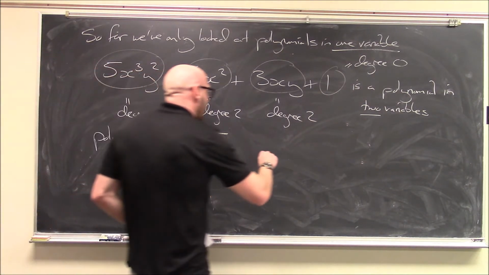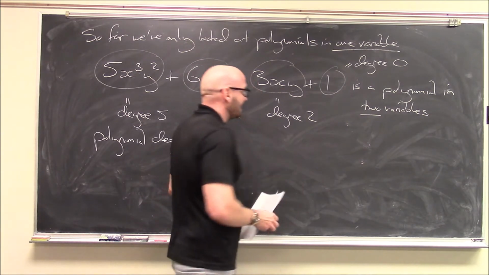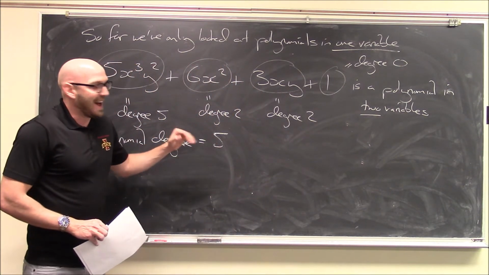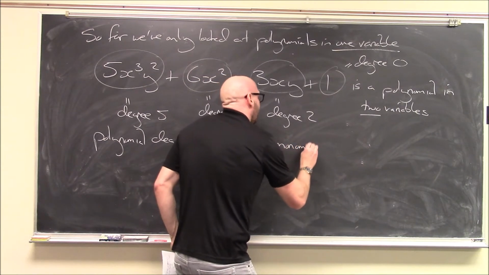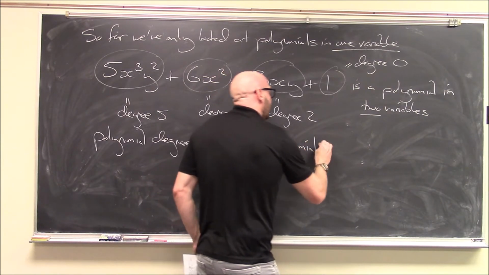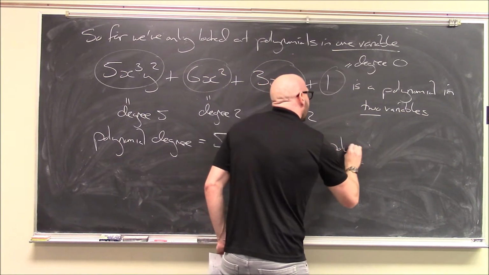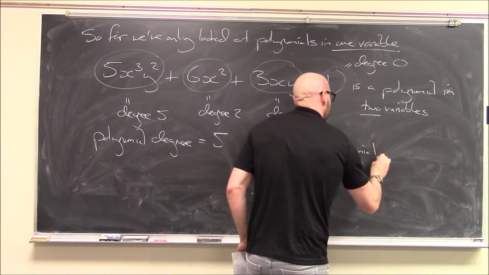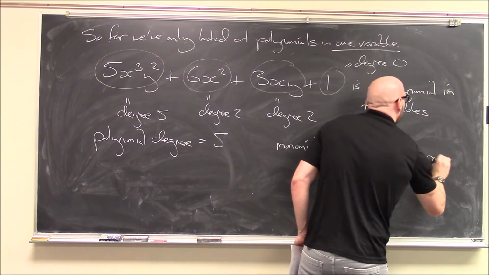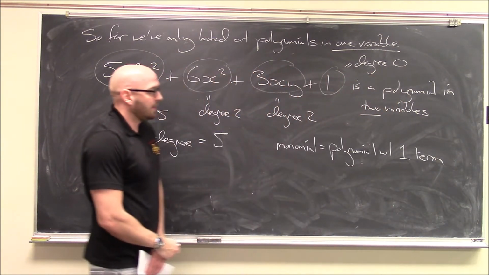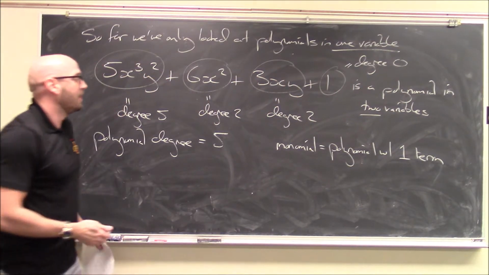Oh, and one last little bit of terminology before we actually do some algebra with these things is a monomial. A monomial is a polynomial with exactly one term. So a single term polynomial is a monomial.